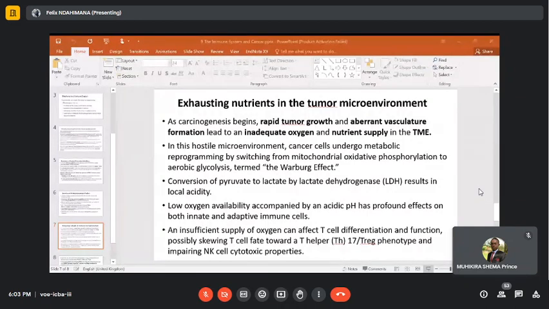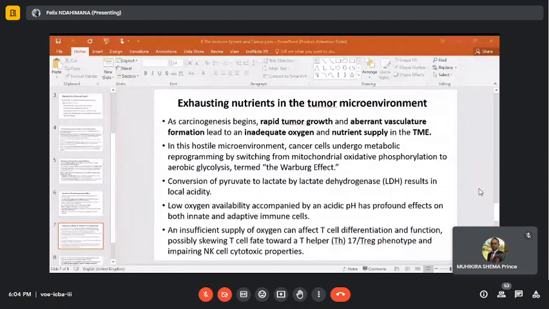Then the conversion of pyruvate to lactate by lactate dehydrogenase results in local acidity. So this pyruvate will be catalyzed by lactate dehydrogenase, and then this will lead to local acidity.